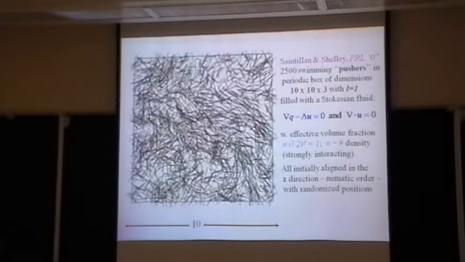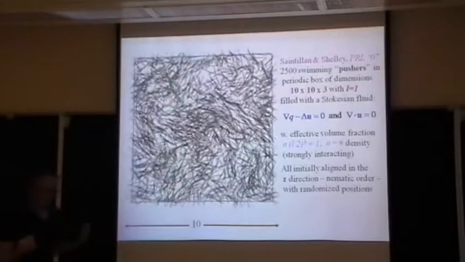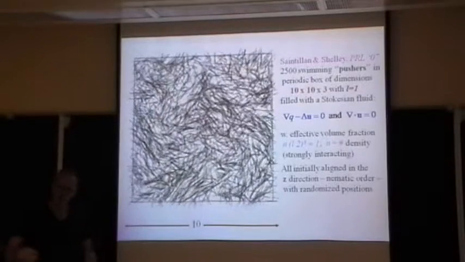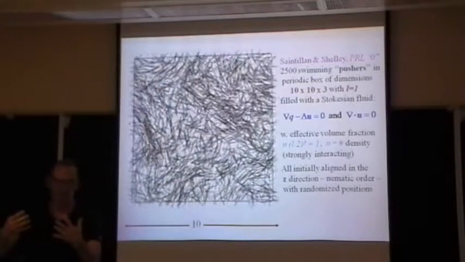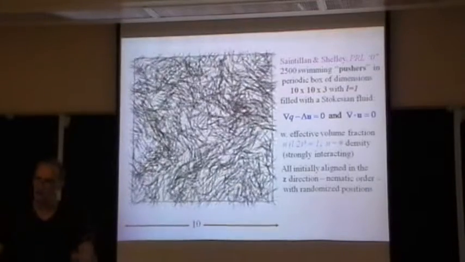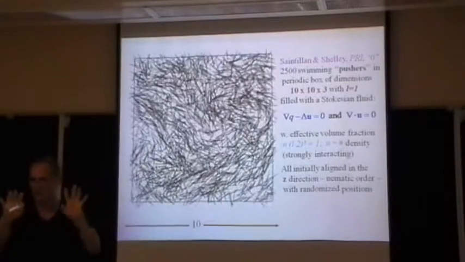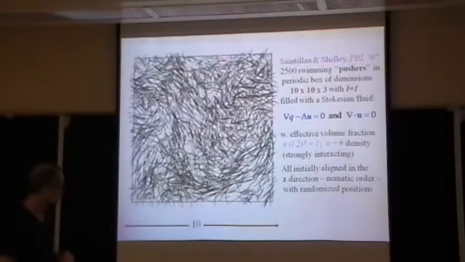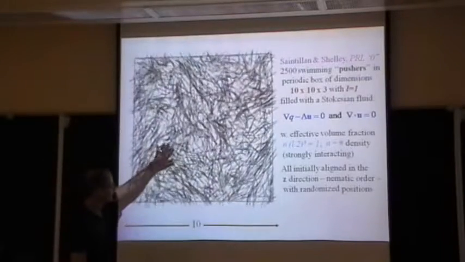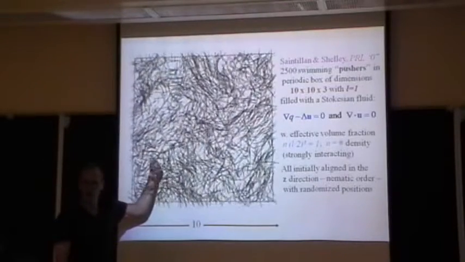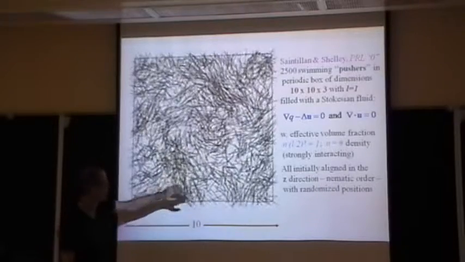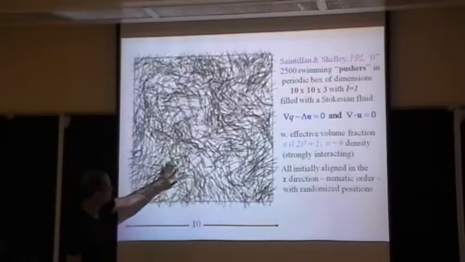Okay? If you look at the background, now what's happening, of course, the other way to think about this is I have all these force generators in the fluid, and they generate a velocity field, which moves all the other force generators. Okay? And so they're all moving around in the velocity field that they are creating by their motion in interaction with everybody else. And, you know, it's very time dependent.